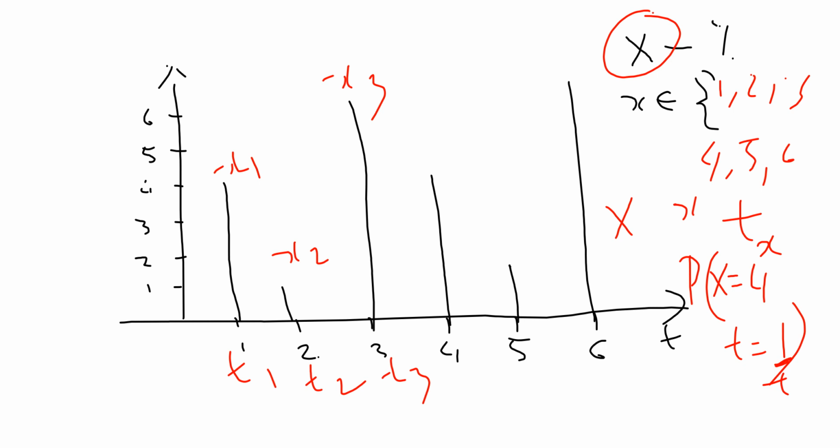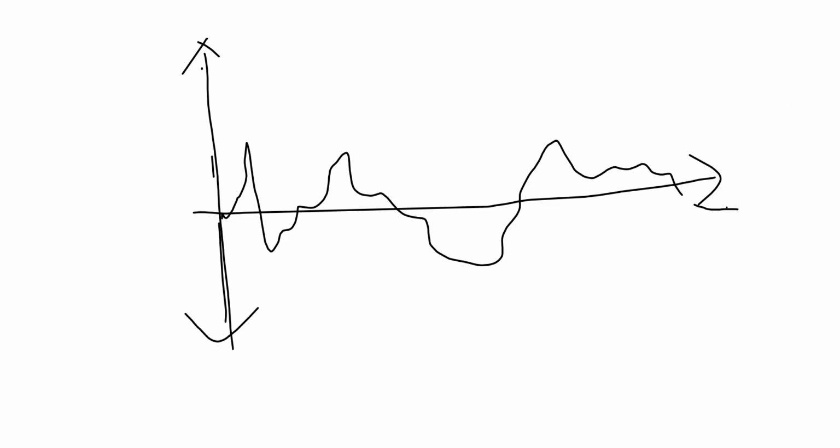Now I will give another example. For example, if the axis is time and this is a voltage generated by a sensor, the voltage generated by the sensor may be like this, in millivolts, maybe a noise generated by the sensor. What is this noise actually? Noise is random.